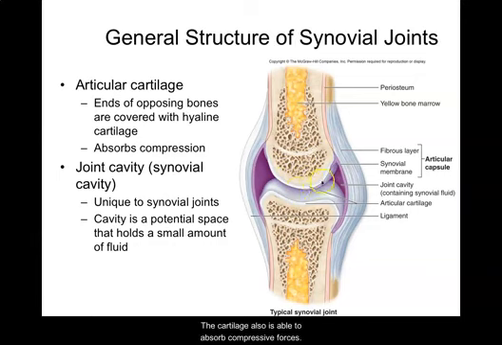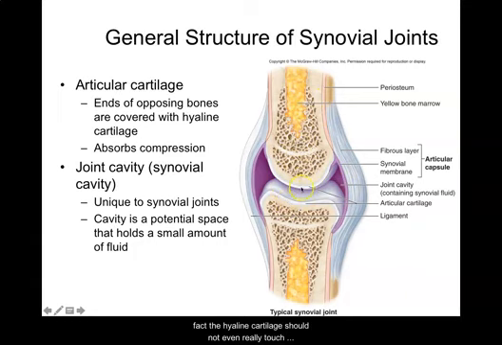The cartilage also is able to absorb compressive forces that may be experienced during any sort of movement at this diarthrotic joint. The cavity itself is going to hold a small space, and that small space holds fluid. The fluid is called synovial fluid. It's a very slippery fluid, and the whole point of this synovial cavity is to prevent the bones from touching one another.